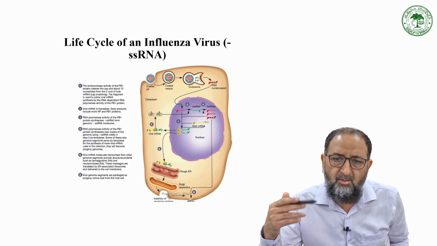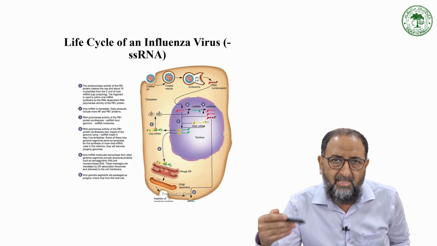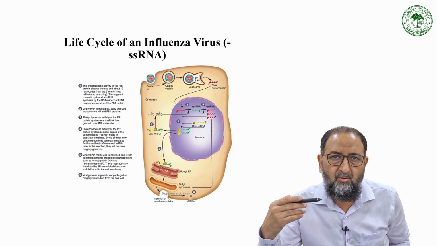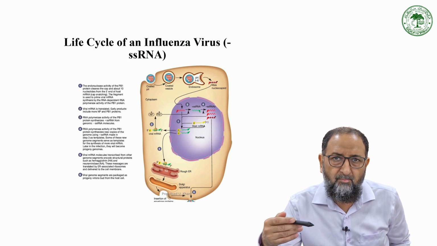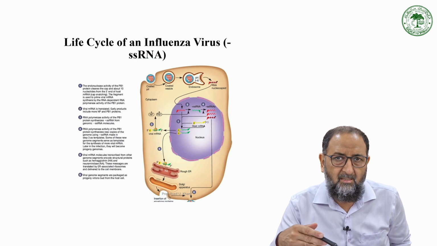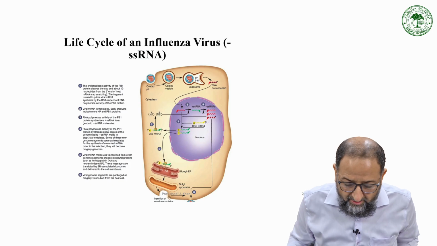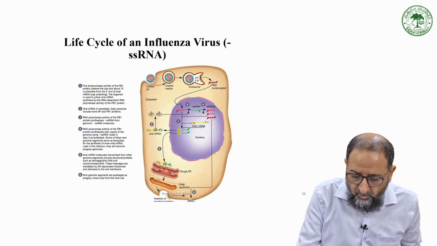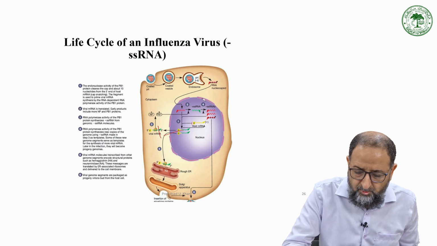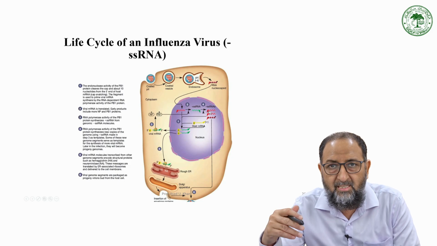Because the nucleus carries all the machinery of the host cell to replicate and transcribe, and then protein is formed in the cytoplasm after the mRNA is released from the nucleus following transcription. So the mRNA is formed in the nucleus, and the mRNA comes out for protein synthesis. This is the cycle of the influenza viruses, which are single stranded RNA viruses.